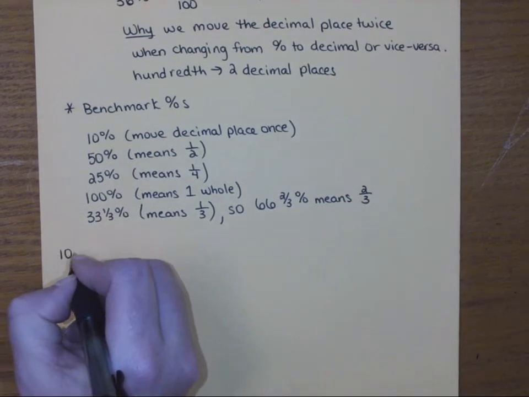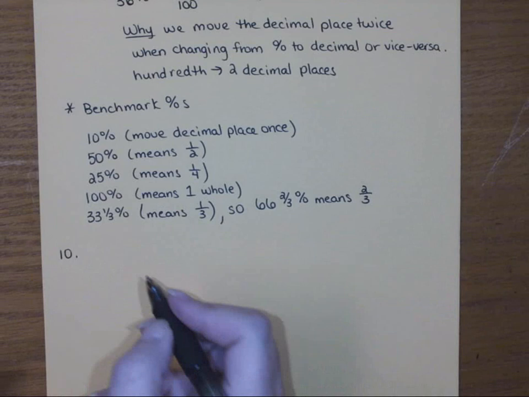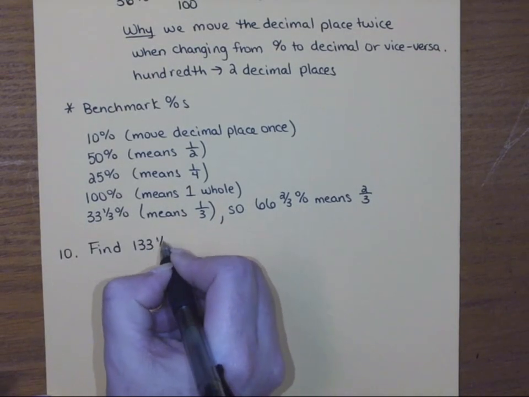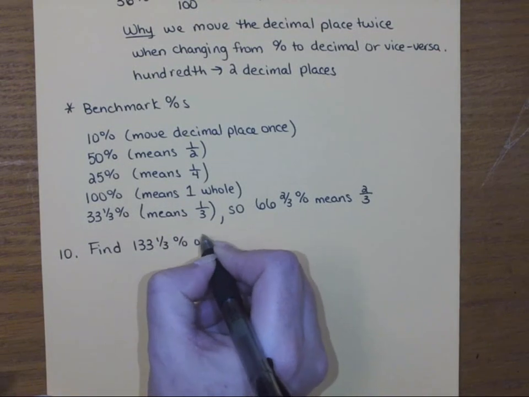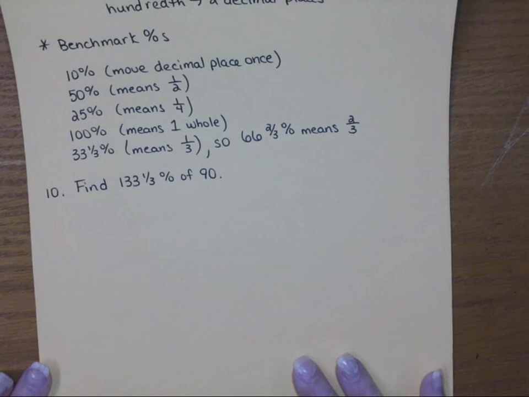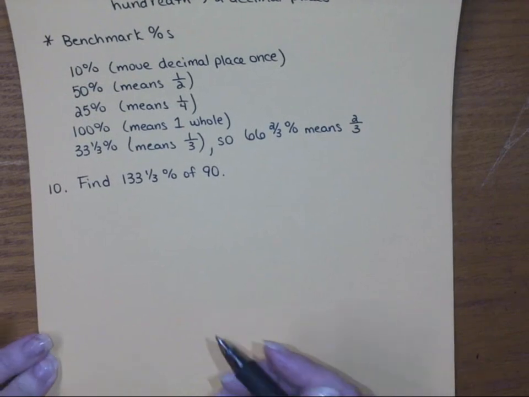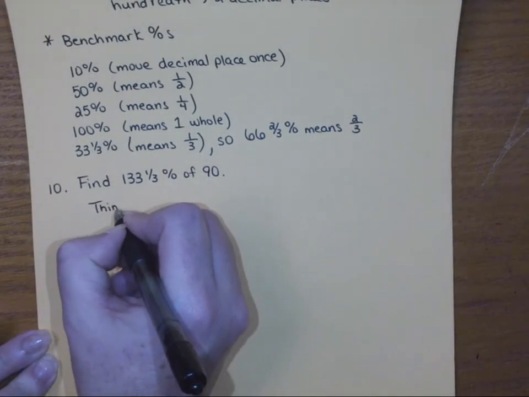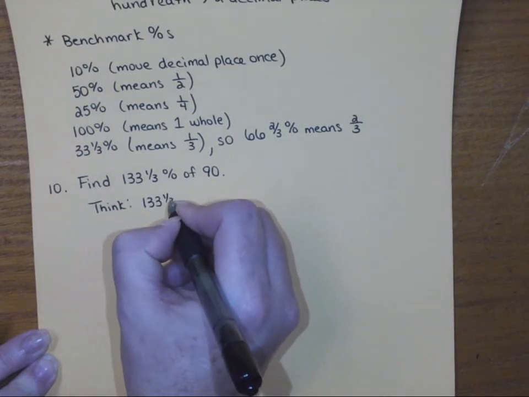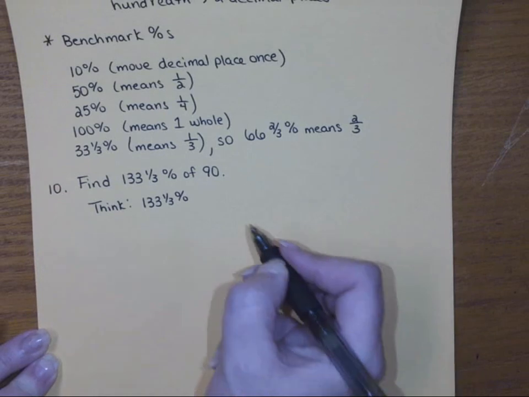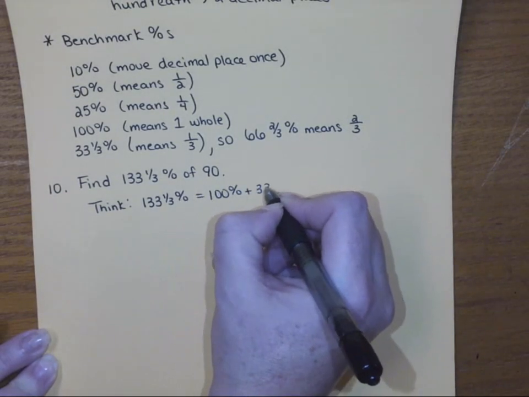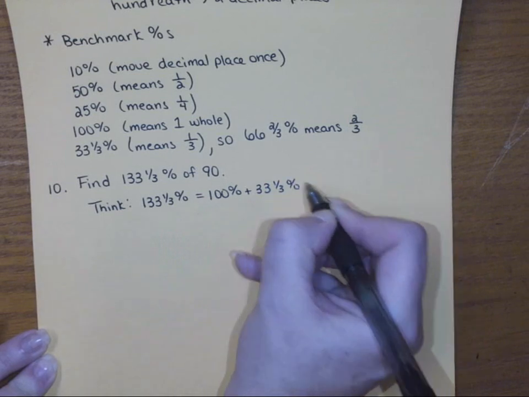All right, so for 10 and 11, let's do the mental math. In other words, I should not have any indication that you used a calculator. I should only have the things that I feel like a student could do mentally, or that I can do mentally. So the first thing is maybe we should think of 133 1/3% as 100% plus 33 1/3%.